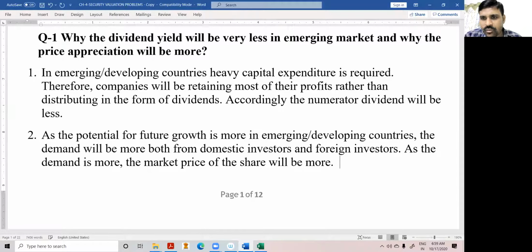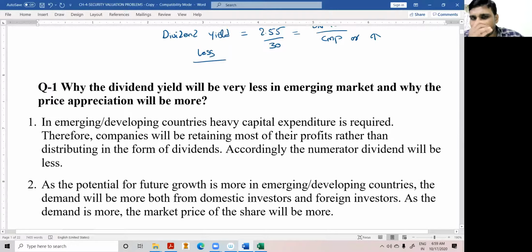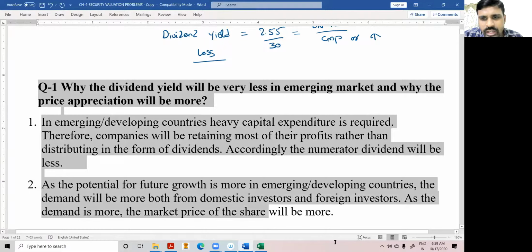Do you understand why the dividend yield in the Indian stock market is less? Because of two reasons. One reason is that companies are paying a smaller amount of dividend. Another reason is that because of the demand for developing country stocks, the current market price will be very high. Because of these two reasons, in the Indian context, dividend yield is less.